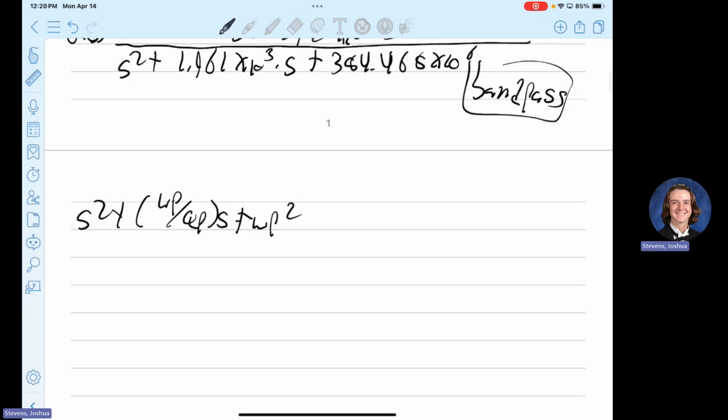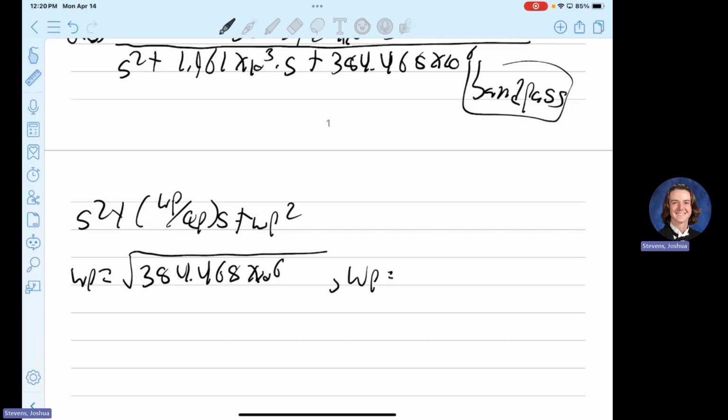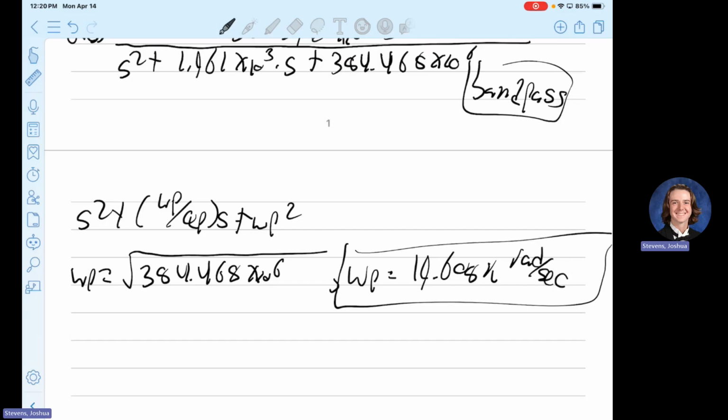So as I just stated, omega P equals the square root of 384.468 times 10 to the sixth. And when you plug that into your calculator, omega P becomes 19.608 kiloradians per second. That's simple. Okay.